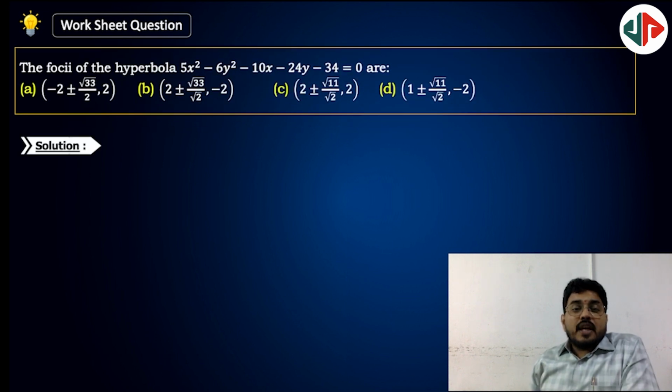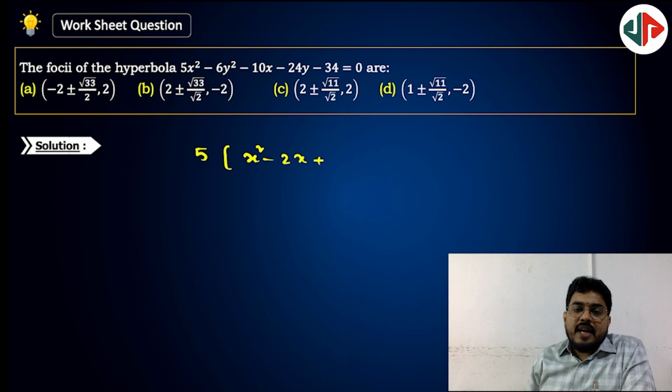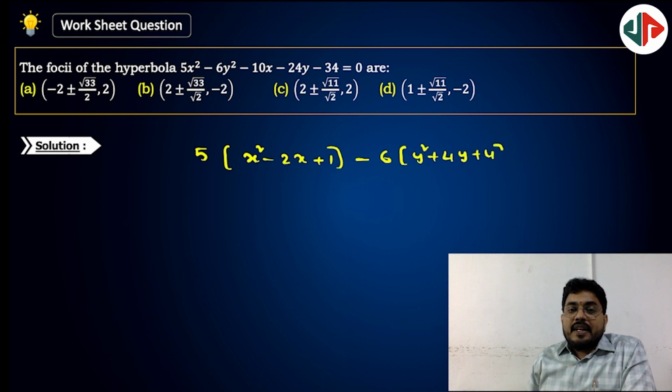What will be the foci of this hyperbola? So you have to write the standard form. If I take 5 outside, x square minus 2x, let me add 5, minus 6 times of y square minus, 6 common, plus 4y plus 4 is equal to this 34 comes this side, here plus 5, look at here minus 24, here minus 20.